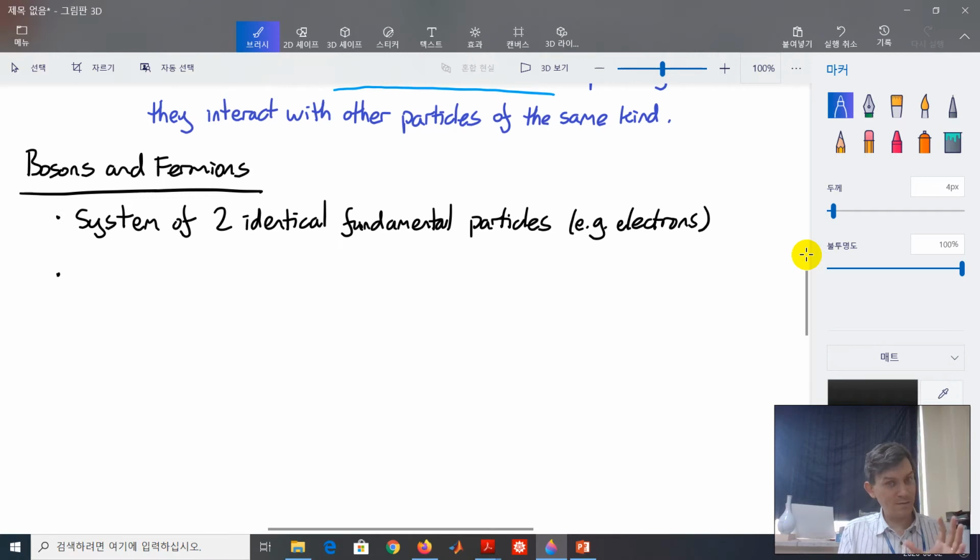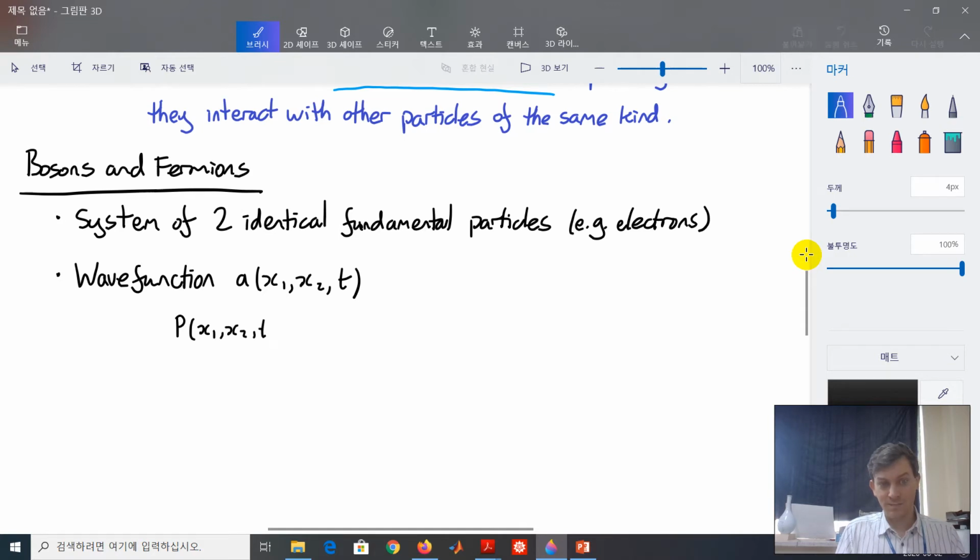For a single electron, we've seen that it can be defined by a wave function, and for a system of two electrons the same thing is true, except now, because there are two electrons, they can exist at two different positions. So the wave function is now a function of two positions, x1, x2, as well as time, and the interpretation is similar to the one particle case.